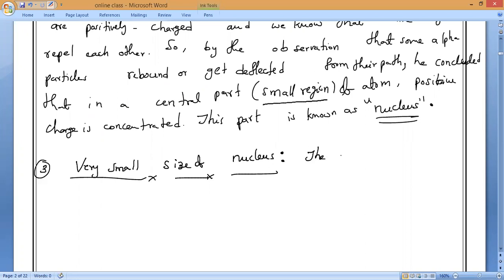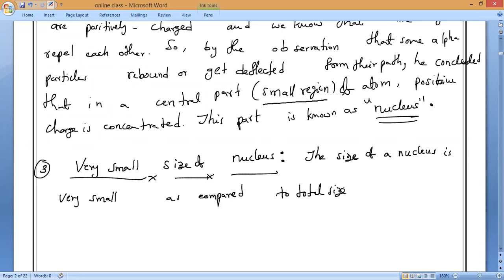The size of a nucleus is very small as compared to the total size of the atom.